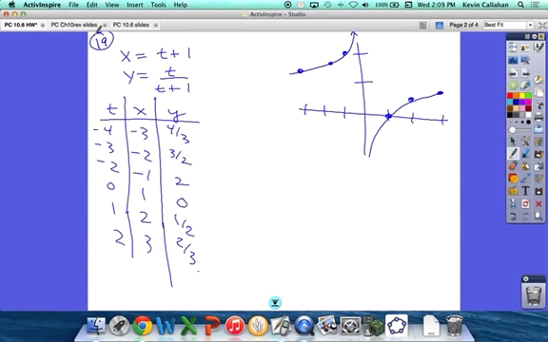When I graphed those, the first 3 points: -3, 4/3, that's this point. The next point was -2, 3/2, -1, 2. So they definitely went in this direction. And then the next 3: 1, 2, 3 for x, and 0, 1/2, 2/3 for y.